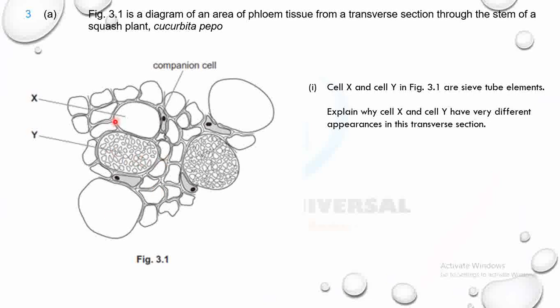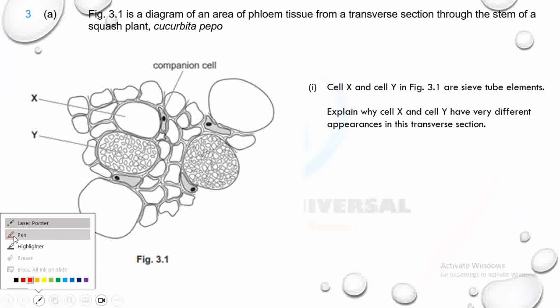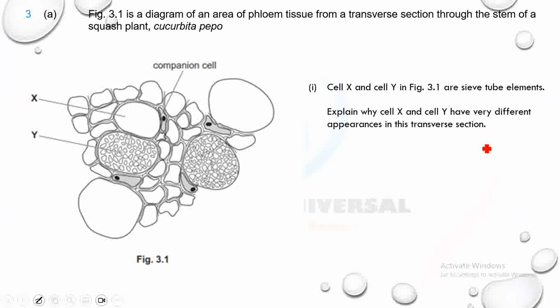If we are cutting it here, that means it's somewhere below Y. So Y is at a higher position. Don't forget that. Watch if this is the sieve plate here. This is the sieve plate.